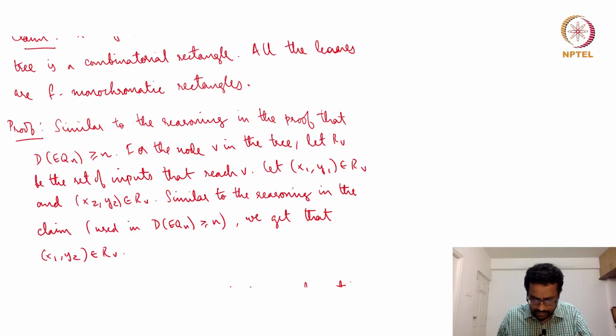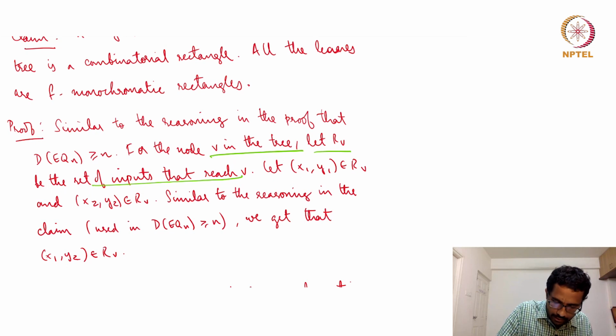I have written it here anyway. Consider any node V in the tree and let R_V be the set of inputs that reach V. The claim is that if (x1, y1) and (x2, y2) are in R_V, then (x1, y2) also must be in R_V, which means R_V must be a rectangle.